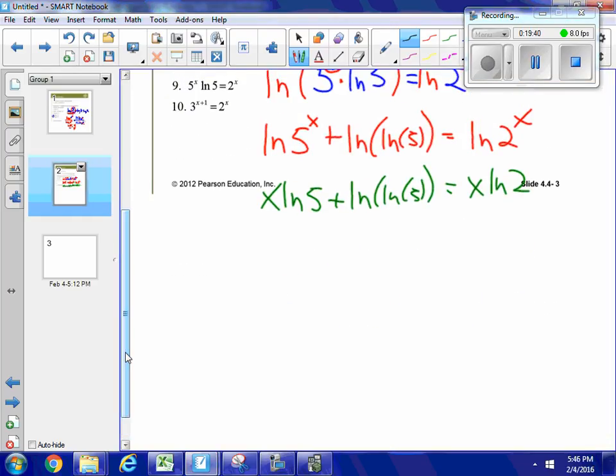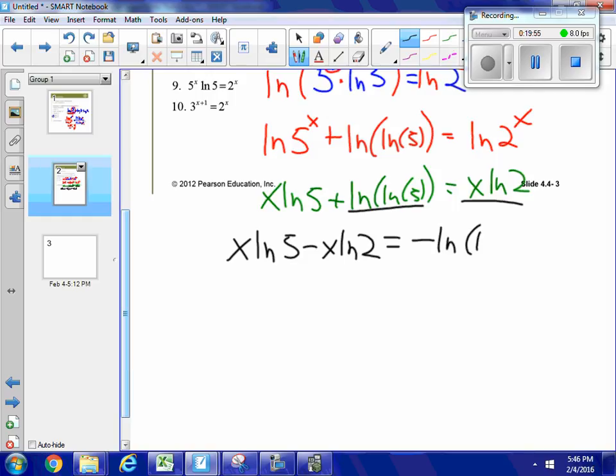So I'm going to have x ln 5 minus x ln 2, bringing this over. And that's going to be equal to negative, I'm going to bring that to the other side, ln ln 5. Factor out an x. x times ln 5 minus ln 2 is equal to negative ln ln 5.